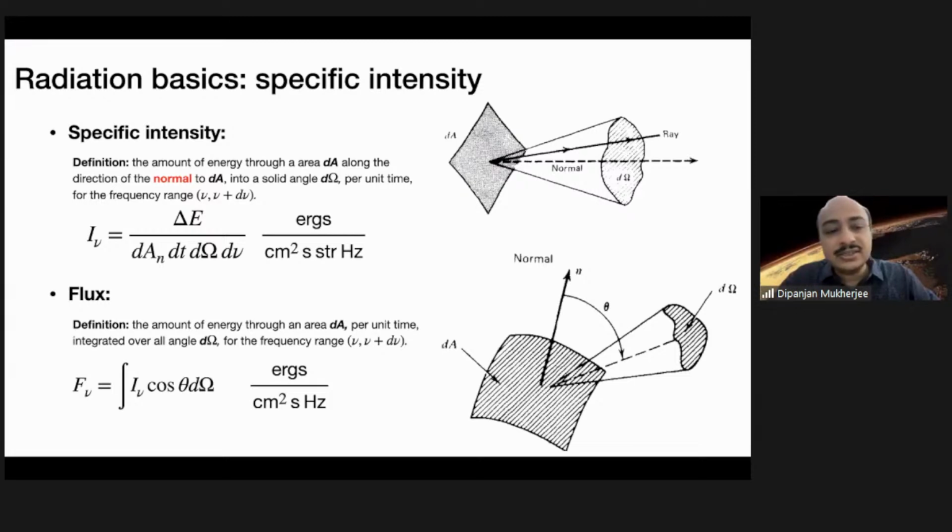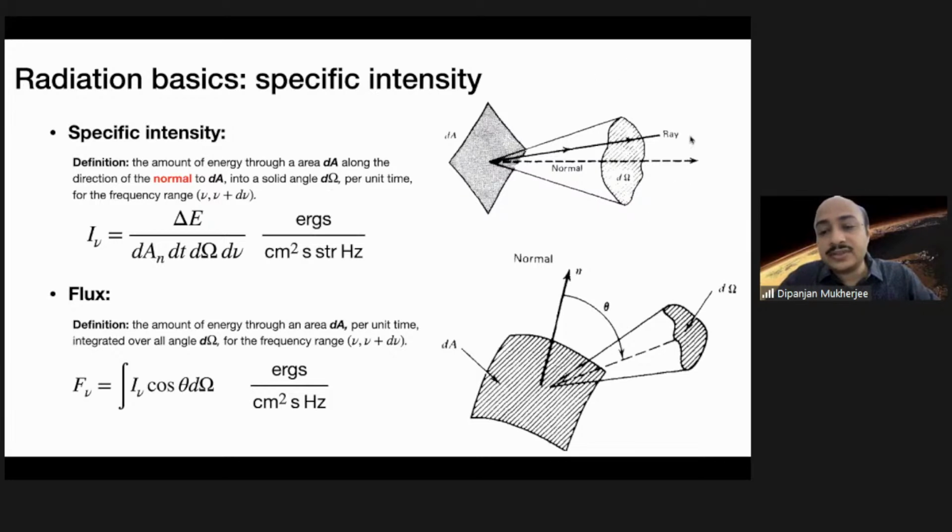The first is specific intensity. Now, it's very important to note the exact definition of these, as the definition itself has a lot of assumptions in it. So specific intensity is the amount of energy that is going through a given area, dA, along a given direction that is normal to dA, into a solid angle d omega.